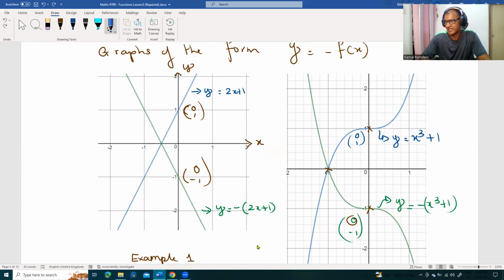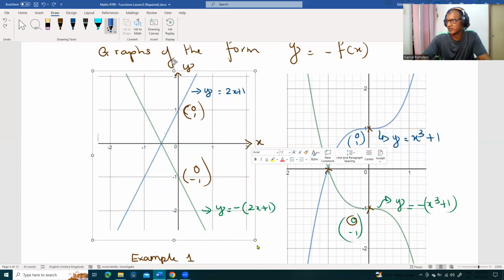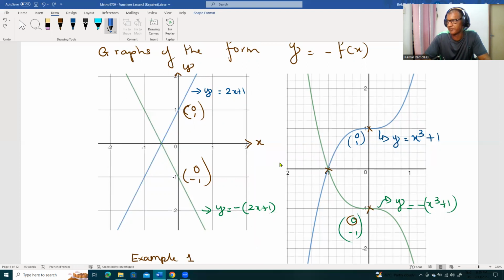Bon, ça, la ligne là. Ça partie là. Ça, c'est y is equal to 2x plus 1. Et y is equal to minus f of x, ça vient minus de the whole bracket 2x plus 1. C'est une reflection de anything above the x-axis will be reflected below, là. In the x-axis will be reflected in the x-axis.